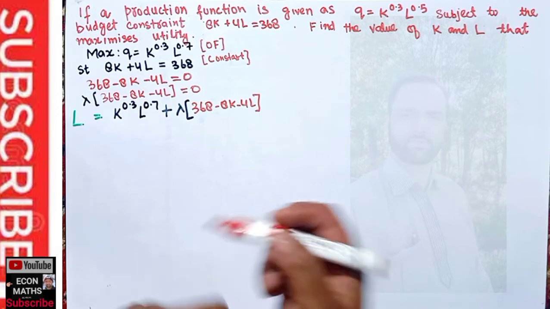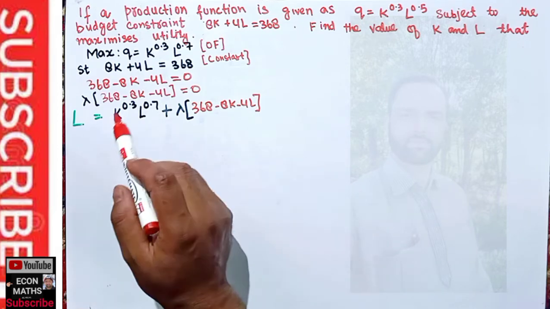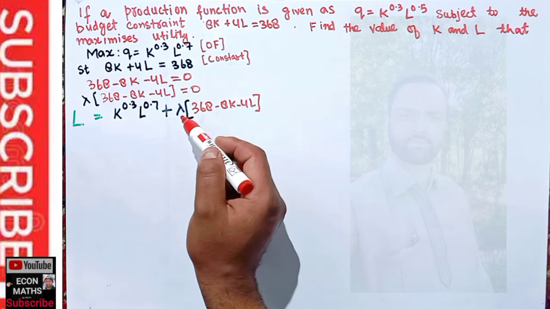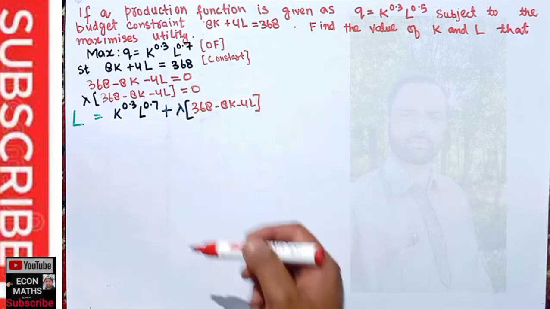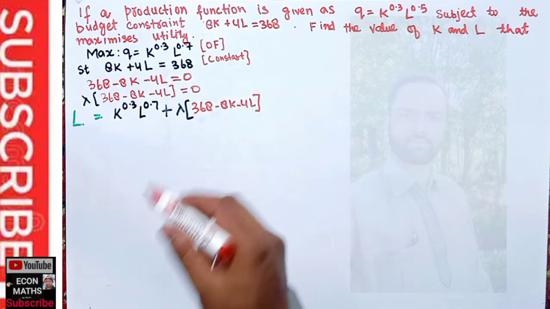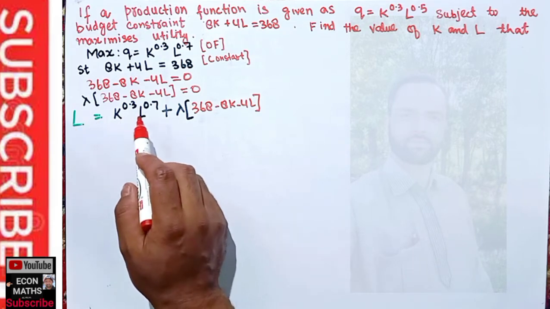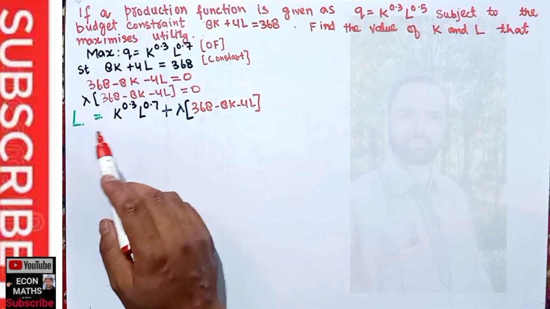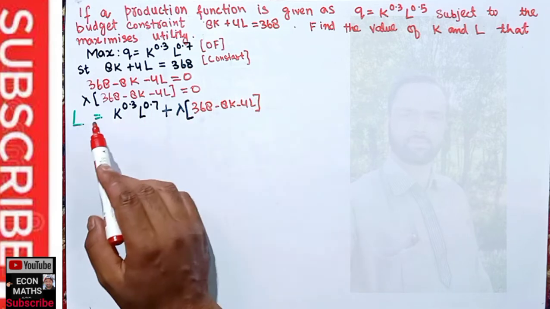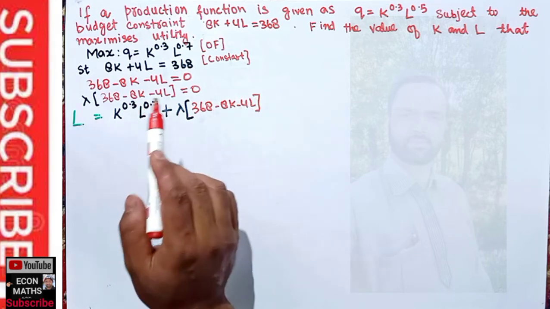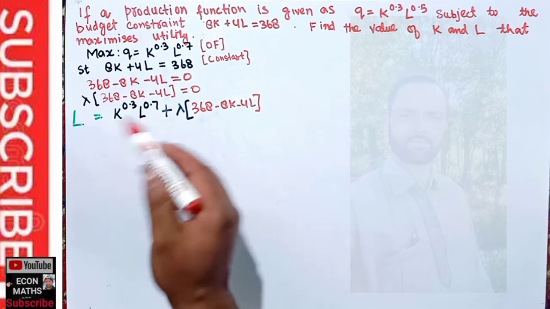Now to find the optimal values of capital, labor and lambda, since the question doesn't ask us about lambda, we will not find the value of lambda. To find the optimal values of capital and labor, we will partially differentiate our Lagrange's function with respect to capital, labor and lambda and set them equal to 0 simultaneously.